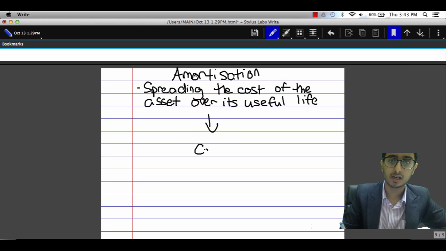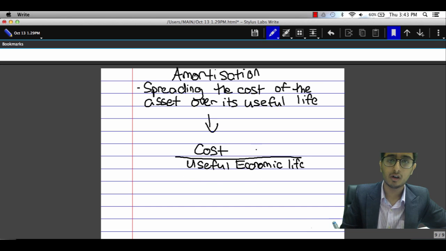We simply calculate it by using this formula. You might be wondering, isn't this formula the same as depreciation? Yes, you're absolutely right. This is actually the depreciation for intangible assets. But we do not use the term depreciation, we use the term amortization.